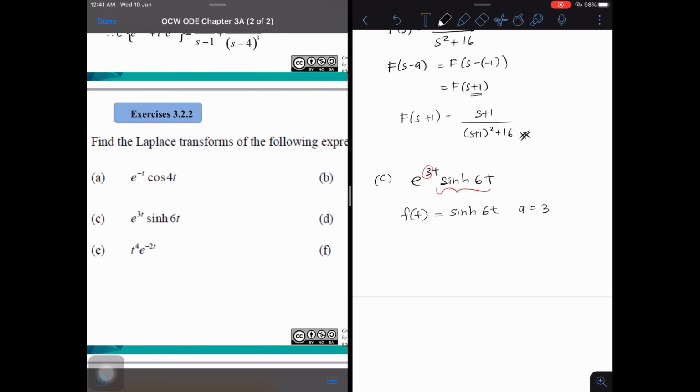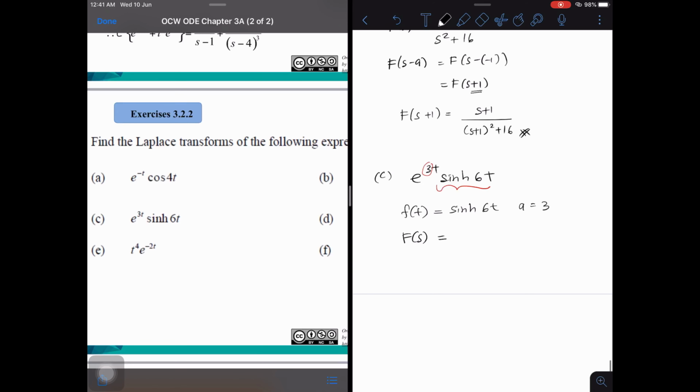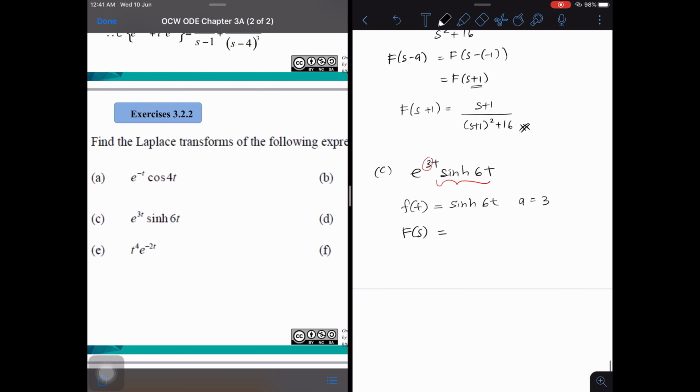So you want to use the first shift theorem. The first thing you need to find is f(s), the Laplace transformation of the function f(t) here. Therefore, we have the Laplace transformation for sine hyperbolic is equal to a over s squared minus a squared. So your a here is 6, divided by s squared minus 6 squared, which is 36.